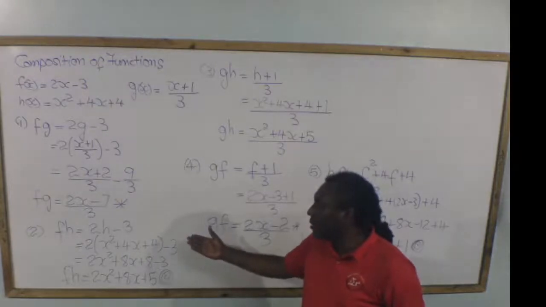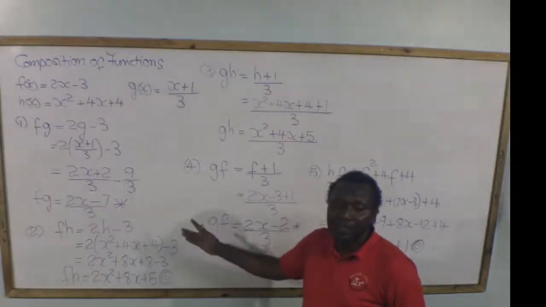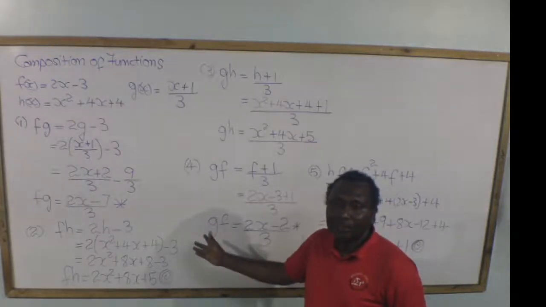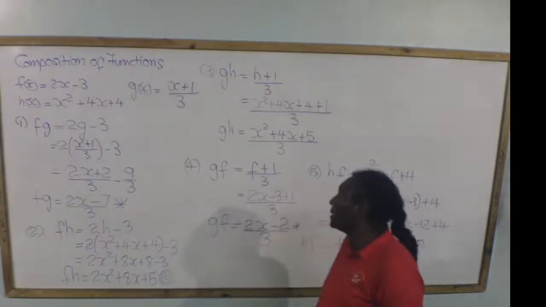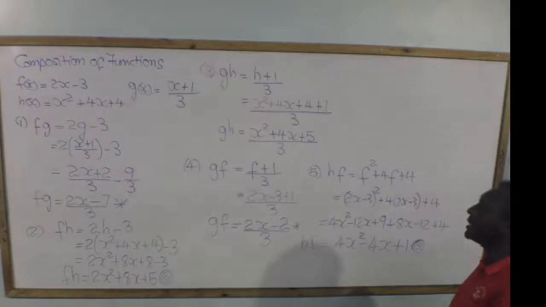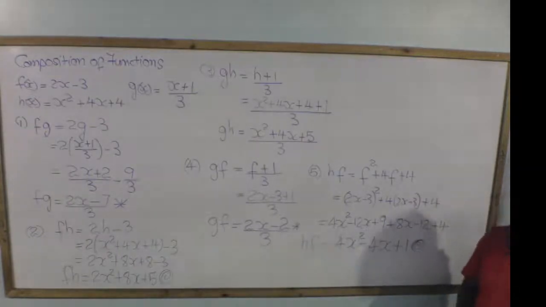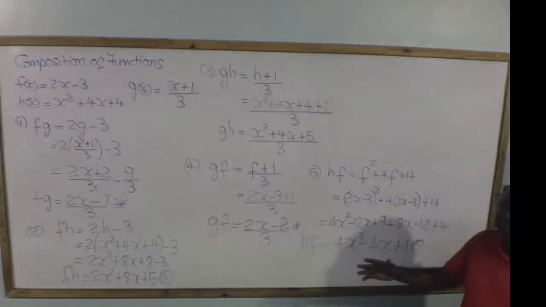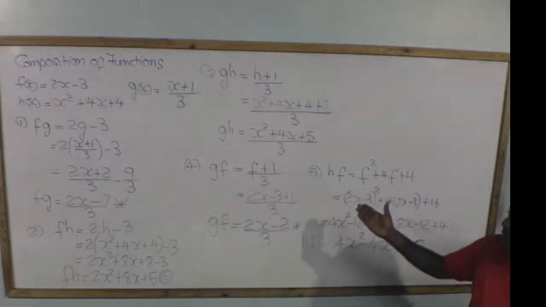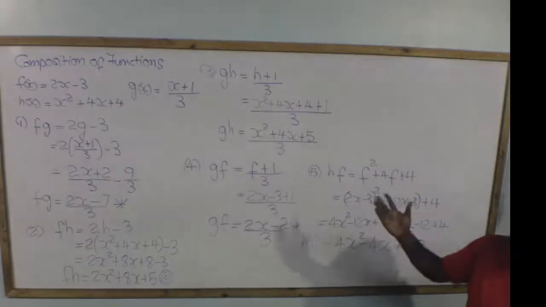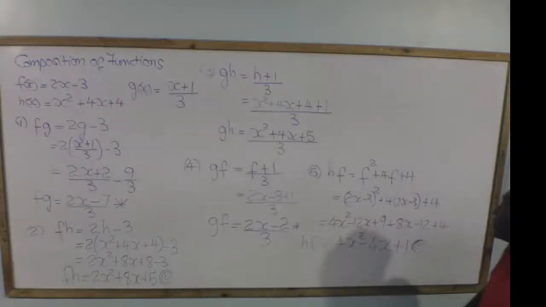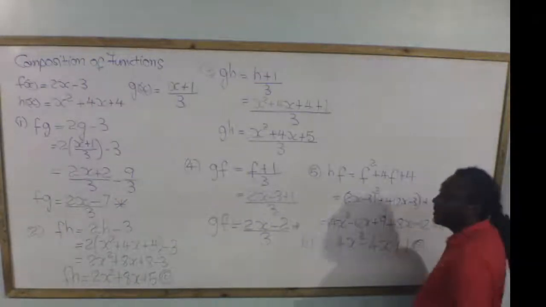Well, because the order in which we compose functions does matter, because if the order changes, the answer changes, then we say that the composition of functions is not commutative. And that's a very important thing to take note of when we are going to be trying to prove theorems in functions.